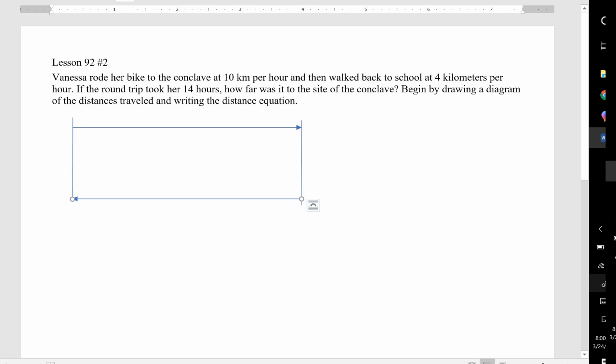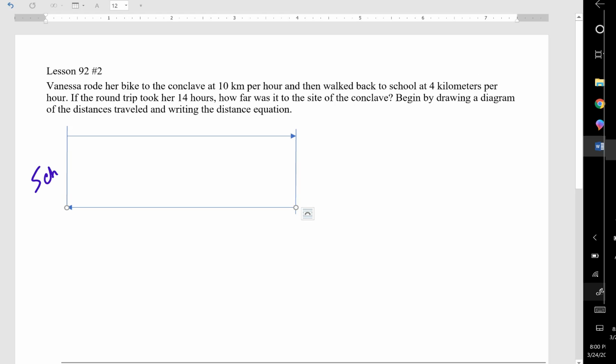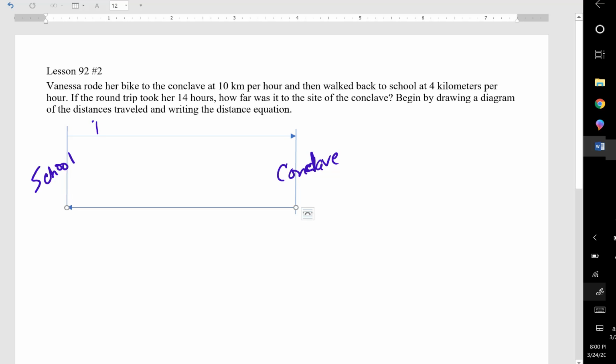All right, so this is a diagram where the school is over here and the conclave is over here. And she rides her bike to the conclave. So this way, and we'll call that distance d sub b for distance on bike.